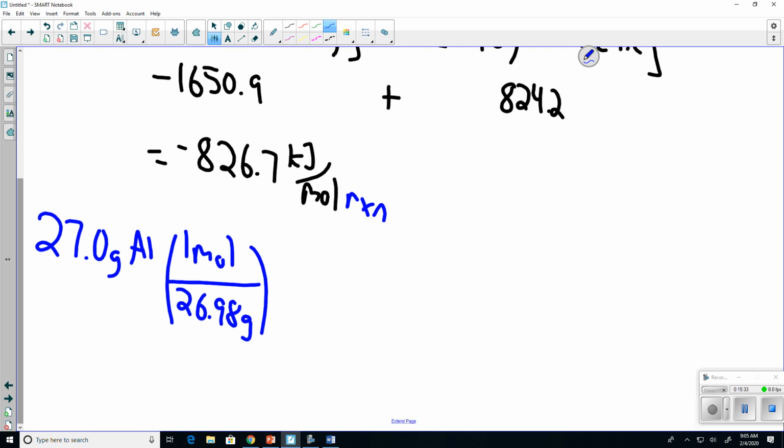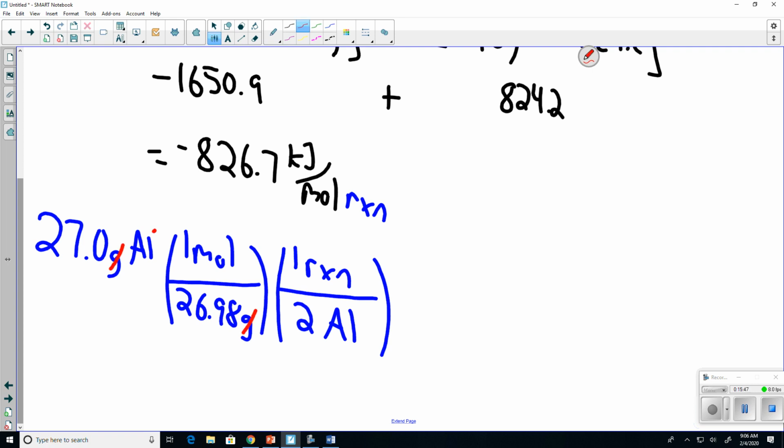So what I should do next is that there's 1 reaction for every 2 aluminums. That way, not only do my grams cancel out in step number 1, but my aluminum cancels out in step number 2. Now I'm in moles of reaction.